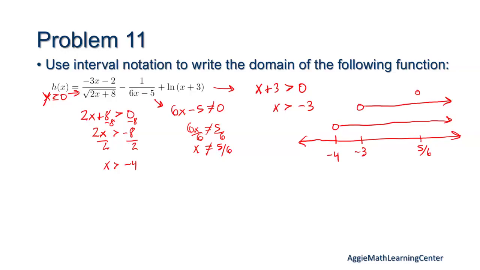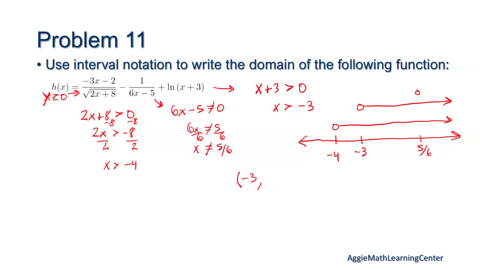So now we take the most limiting domain. Because we already have x has to be greater than negative 3, this section between negative 4 and negative 3 doesn't really matter, because it's already excluded by another one. So we'll start at negative 3, and it's just a parenthesis because it's not included.